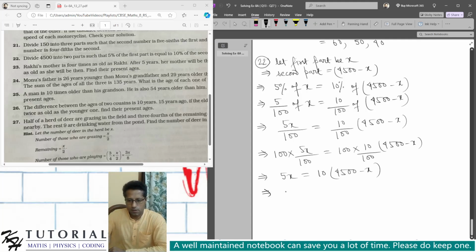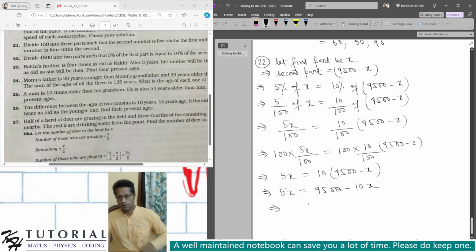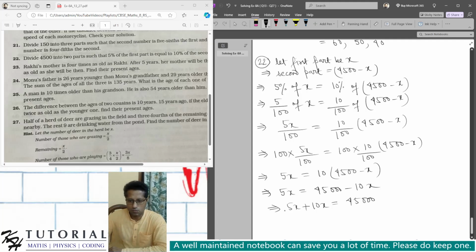After doing the product on the RHS and opening the brackets, we get 45000 minus 10x. Now bringing the x terms to the left hand side and the constant to the right hand side, we get 5x plus 10x is equal to 45000.